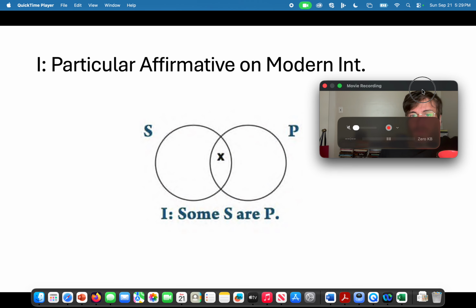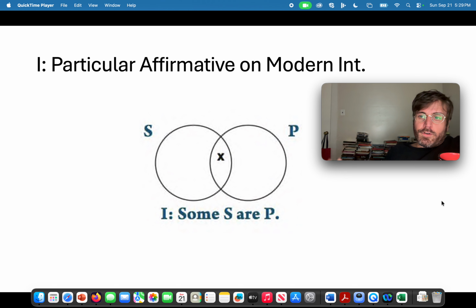Now we're moving on to our particulars. With the universals, you'll notice we use shading, but with particulars, we're going to use a little X to indicate the existence of one particular. All right, so for the particular affirmative propositions, the I category, some S are P, we are going to include an X in region 2. Why? Well, to say that some S are P means that there is at least one member of the subject class that is also a member of the predicate class.